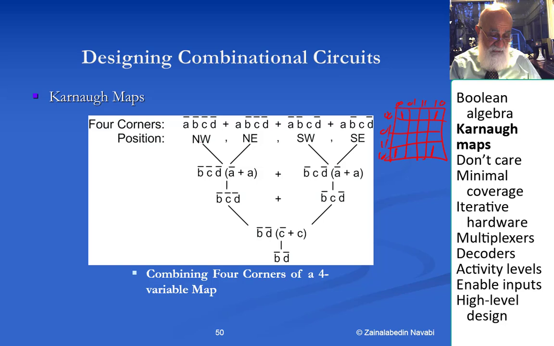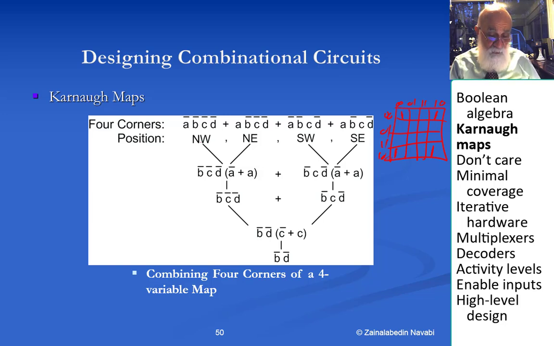Alright, let's factor the common terms B bar, C bar, D bar from the northwest term and the northeast term, or the two north terms, and then that becomes B bar, C bar, D bar, ANDed with A bar or A, which reduces to B bar, C bar, D bar.